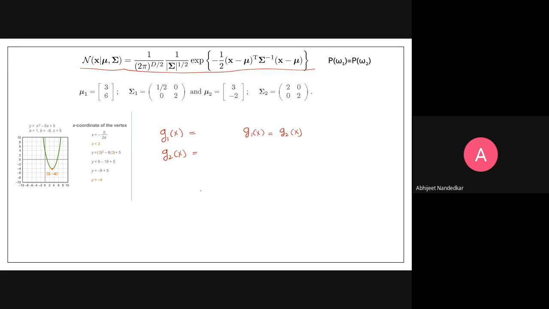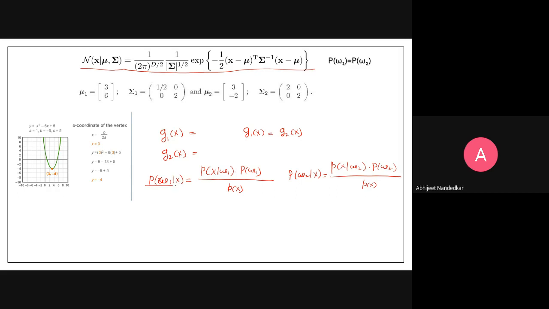And the thing is that you are going to use Bayes. So what is expected is that you will equate the posterior probability of omega 1 given x, which is equal to probability of x given omega 1 into probability of omega 1 divided by probability of x, with the probability of omega 2 given x, so these are posteriors, equal to probability of x given omega 2 into probability of omega 2 divided by probability of x.